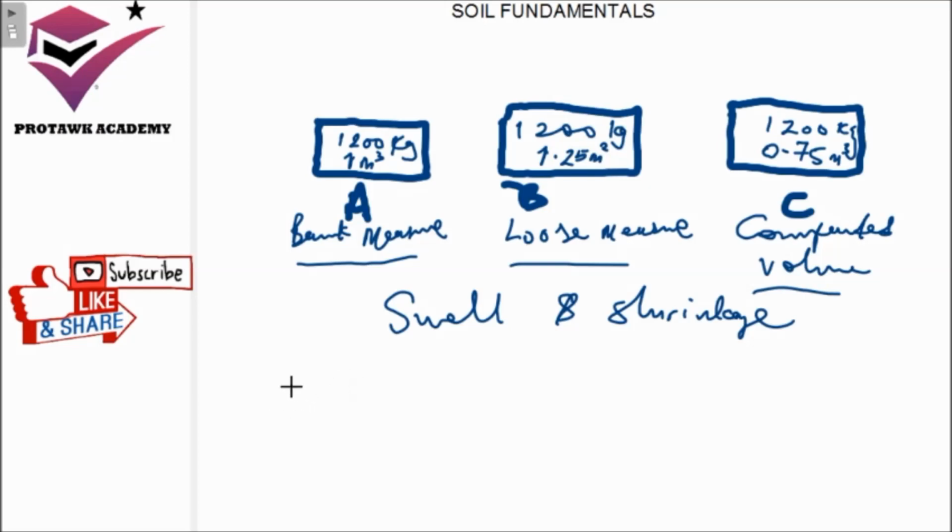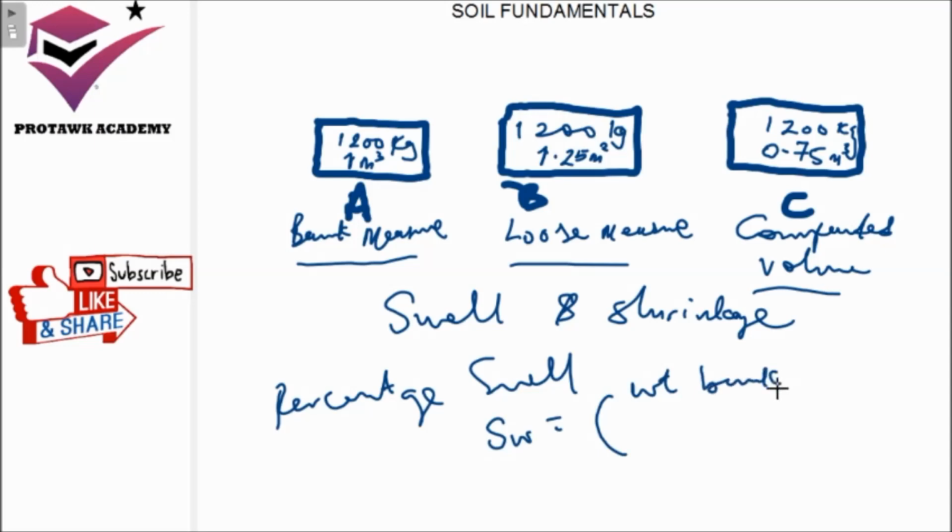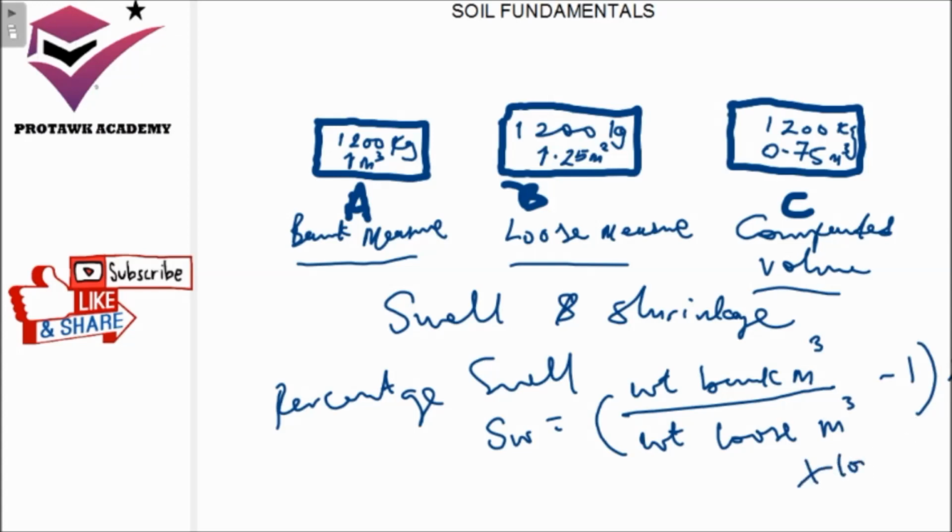Percentage swell, denoted by SW, will be equal to the weight of bank measure in cubic meter or cubic feet, depending on what we're using, over the weight of loose soil in cubic meter, then minus 1, close the bracket, and multiply by 100.